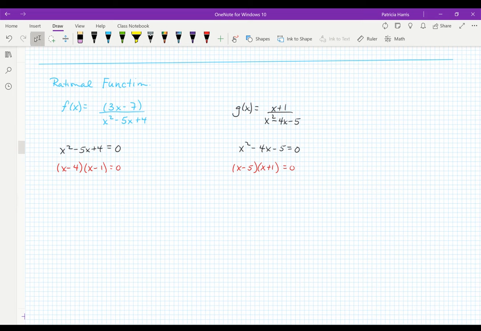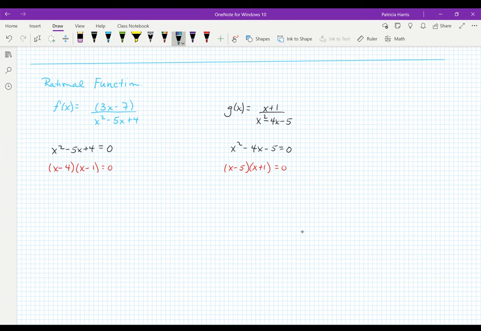So take each of my factors, set them equal to 0. Okay.